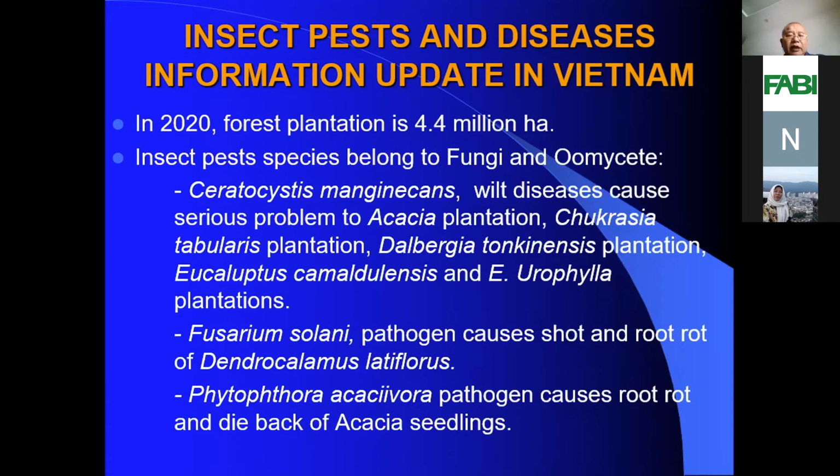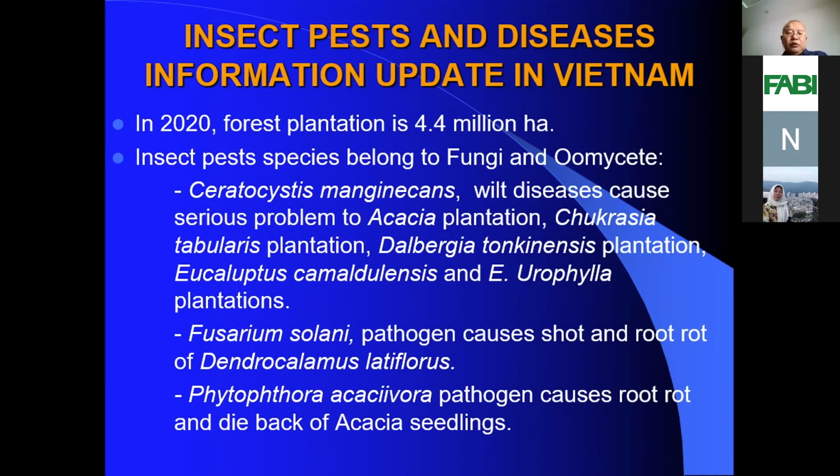Now I talk about the important diseases belonging to fungi and Oomycetes. The first I would like to mention is Ceratocystis manginecans. As in the first early slide, I told you Ceratocystis manginecans was found in Vietnam in 2010.